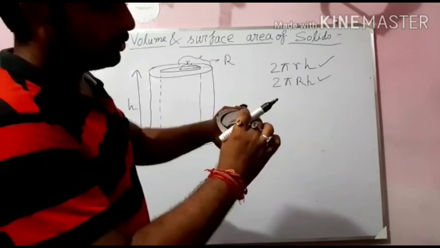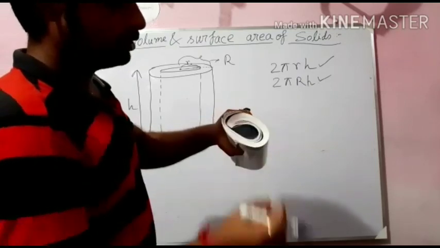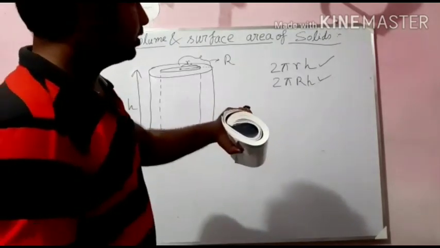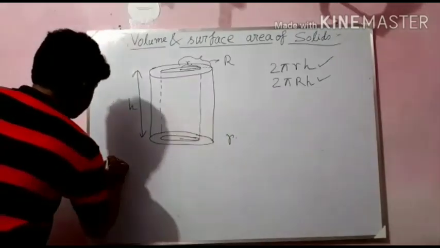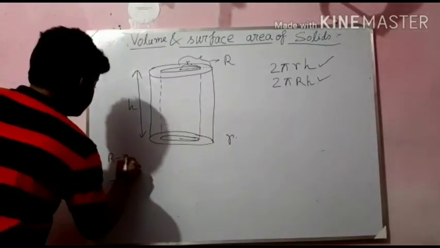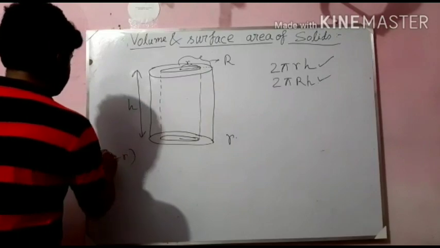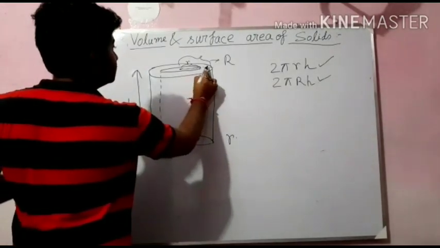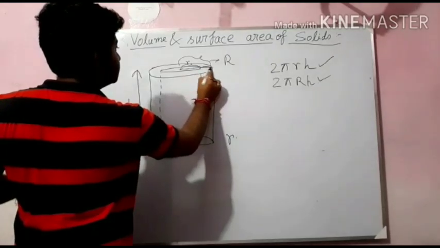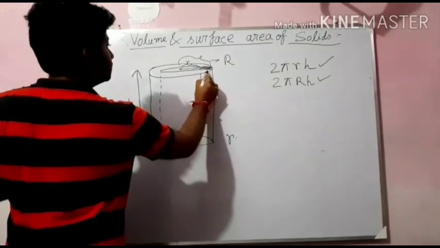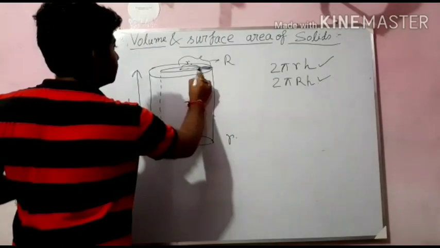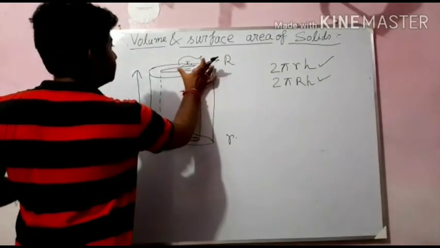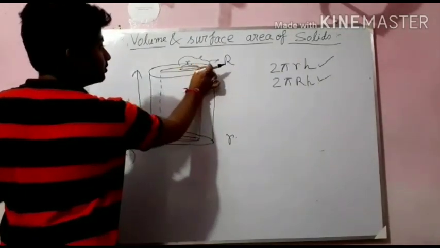So if we subtract them, we will get the thickness of the cylinder. The thickness of the cylinder will be capital R minus small r. If we subtract this much from this much, we will get this much, right?